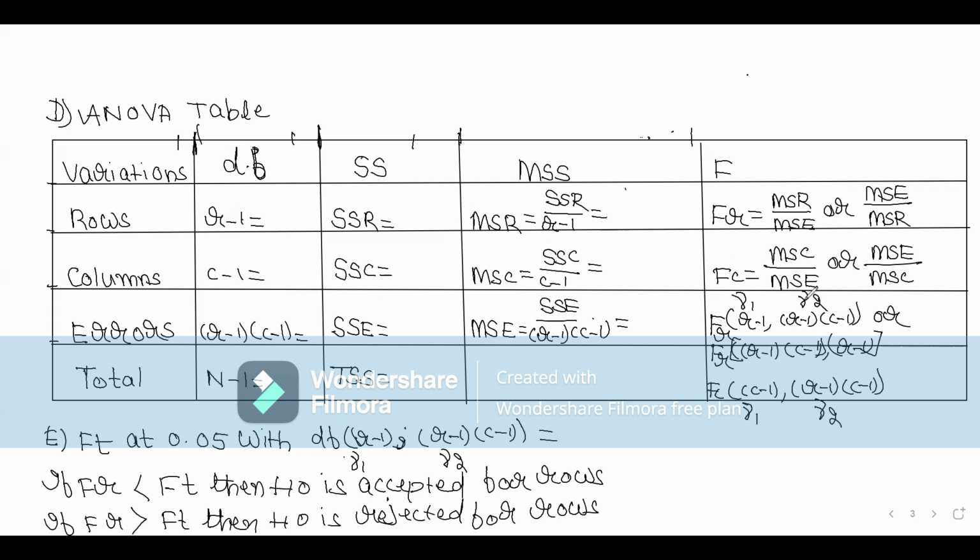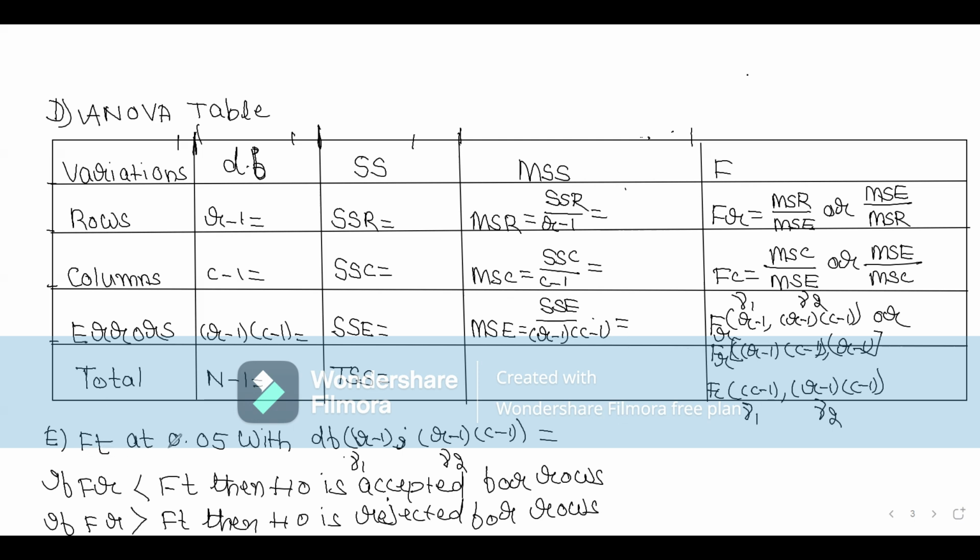This is useful to find the table values. Then similarly for FC, you can mark mu1 and mu2. For the MSC, it is C minus 1, and for MSE, R minus 1 into C minus 1. Whichever is greater becomes mu1, okay. If MSC is greater.